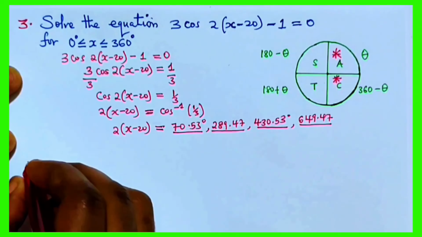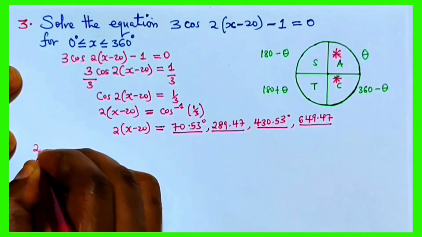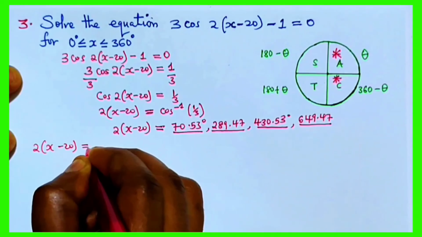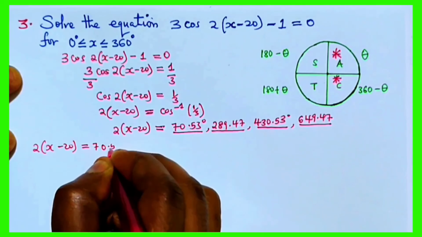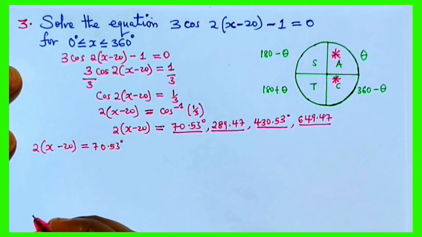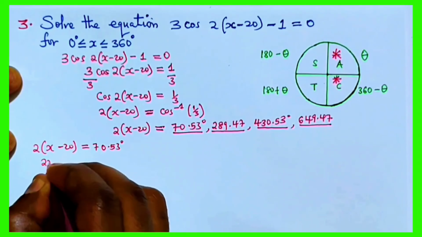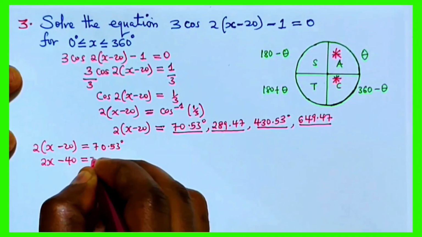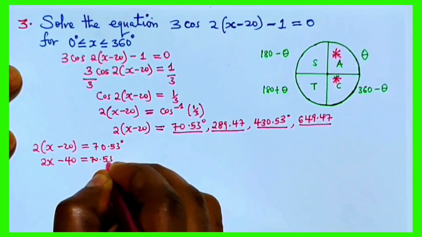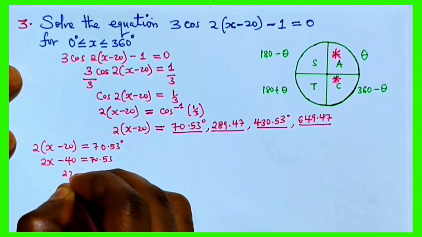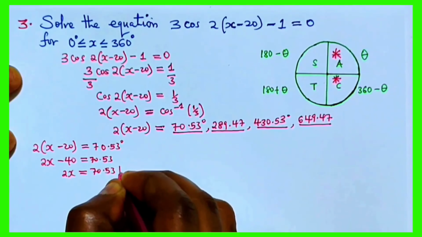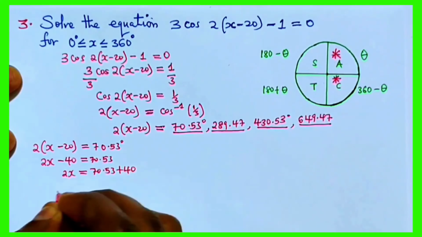So the first angle will be, we consider 2 into x minus 20 to be equal to 70.53 degrees. So therefore 2x minus 40, as I open the brackets, will be equal to 70.53 degrees, and therefore 2x will be equal to 70.53 plus 40 degrees.